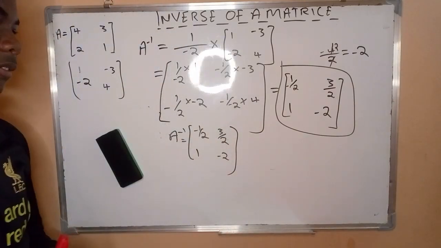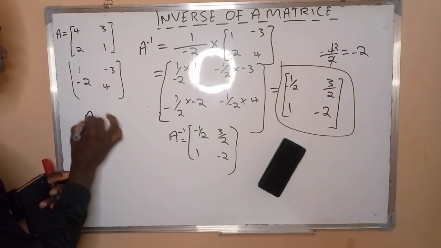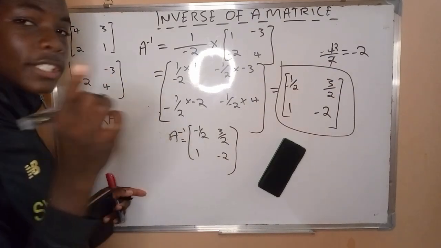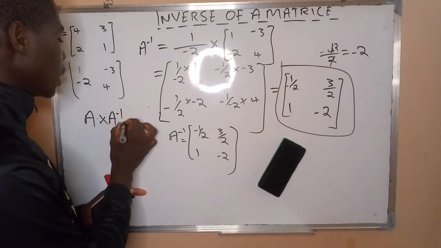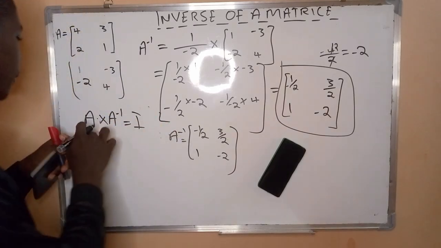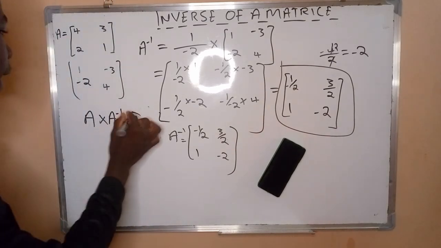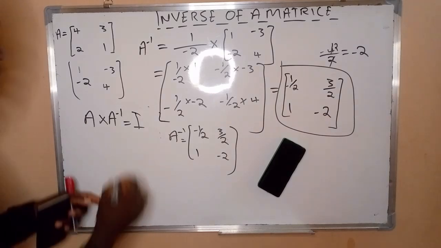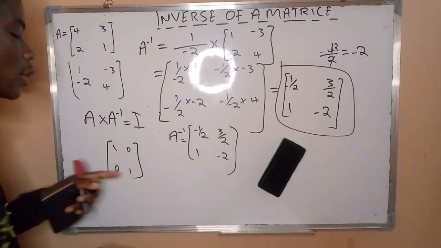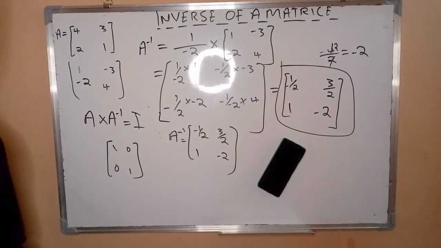To verify my answer, I will say the original matrix A multiplied by the inverse of this matrix is supposed to give me an identity. When you multiply the original matrix with its inverse, if you get the identity, 1, 0, 0, 1, which is the identity of a 2 by 2 matrix, it means that you are right.